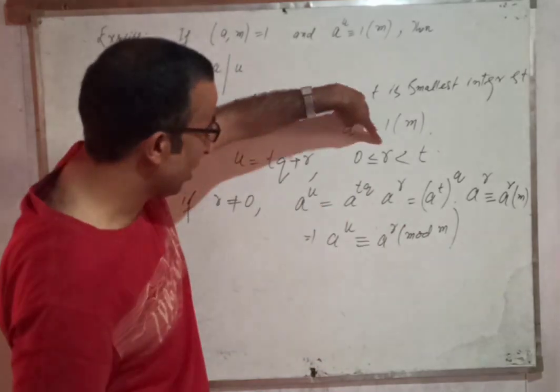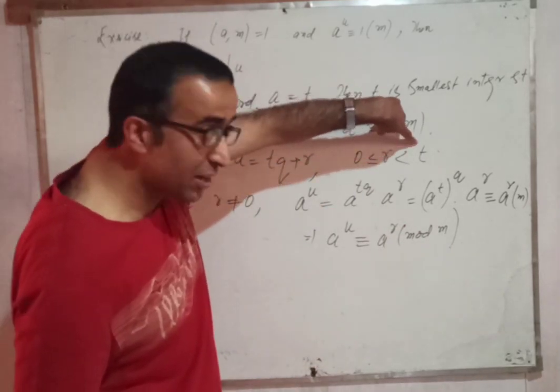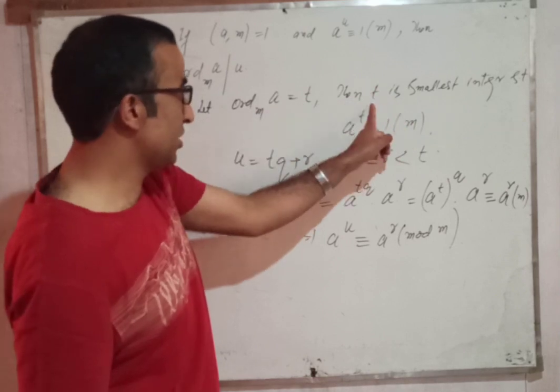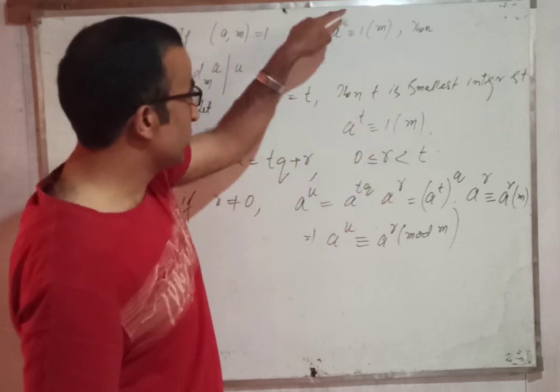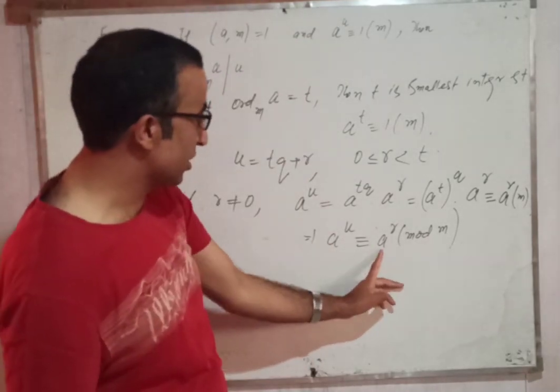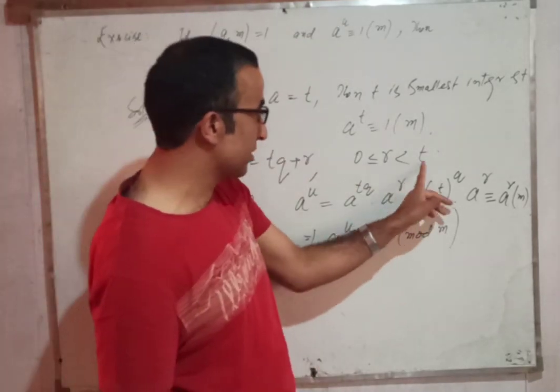But this very r is smaller than t, and you say t is the smallest positive integer with this property. Here you are getting a power u congruent to a power r, and r is smaller than t.